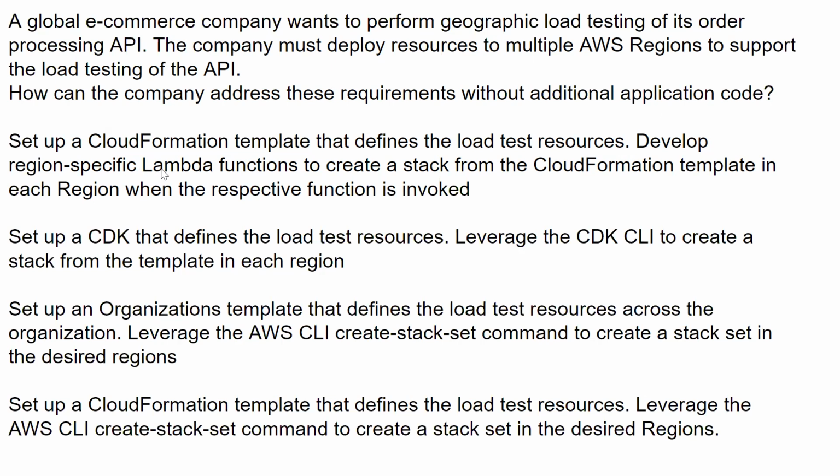Develop region-specific Lambda functions to create a stack from the CloudFormation template in each region when the respective function is invoked. Set up a CDK that defines the load test resources. Leverage the CDK CLI to create a stack from the template in each region. Set up an organization's template that defines the load test resources across the organization. Leverage the AWS CLI create-stack-set command to create a stack set in the desired regions.